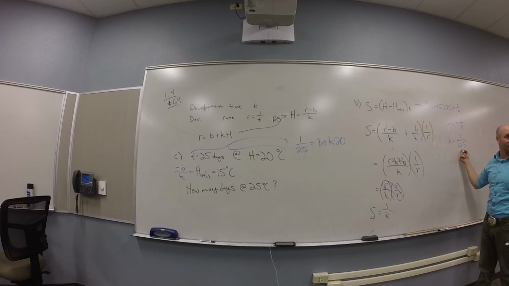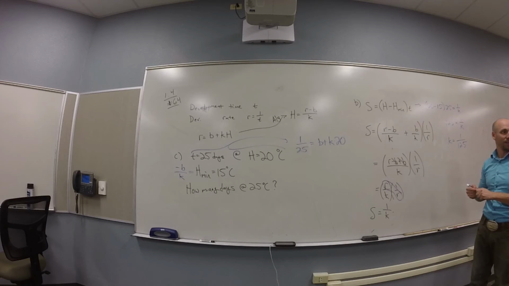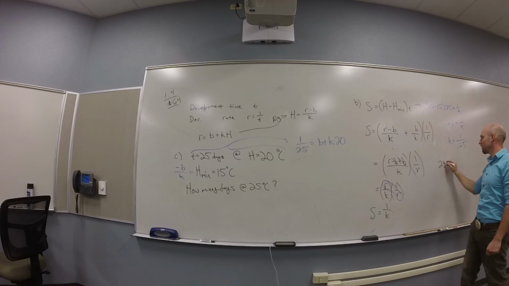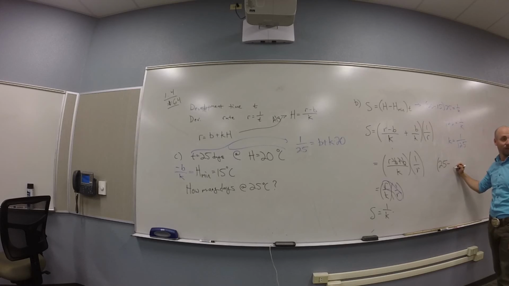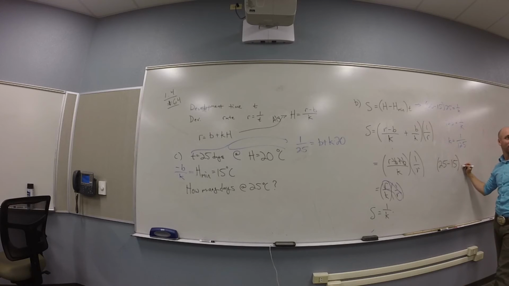This S thing is constant, so I can go back and put in my 25. I'm going to step back and do this again with H is 25. So I got 25 minus 15, and then I'm multiplying by T. I don't know what the T is that goes with 25.